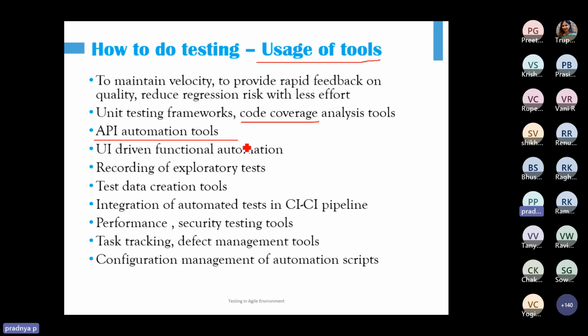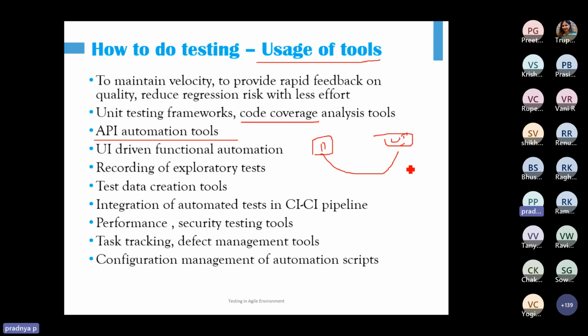And typically, when we are working in an agile environment, in the early stages only APIs will be developed. In later stages, UI will be developed, and then maybe in certain cases, this API will be integrated with the UI. So there will not be the entire functionality available in the early sprints which we can test through the user interface.